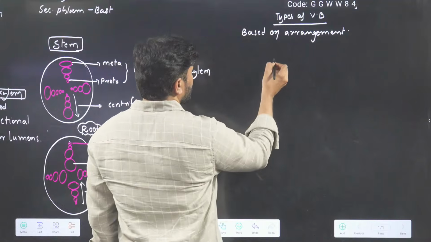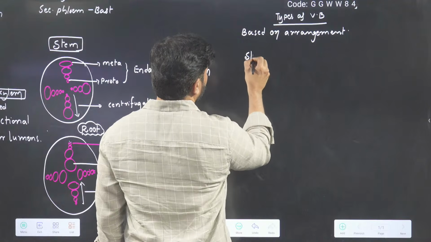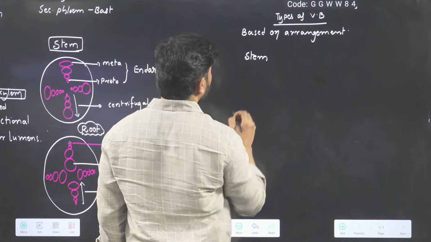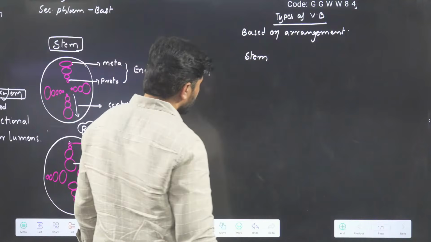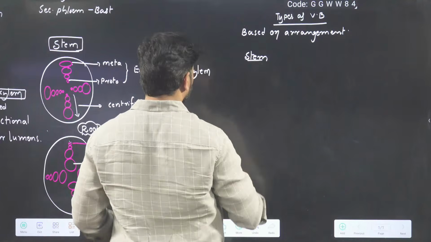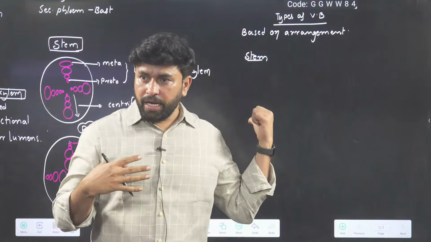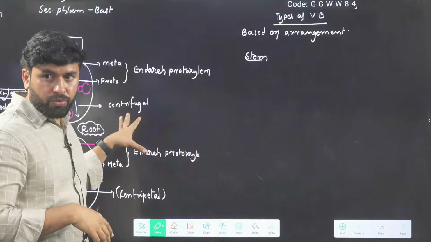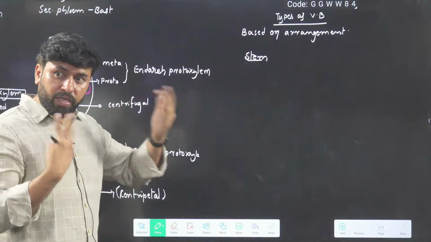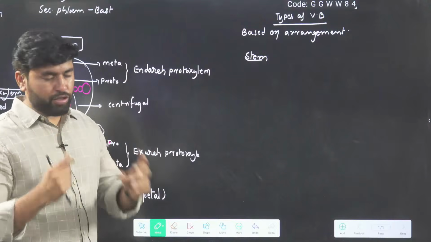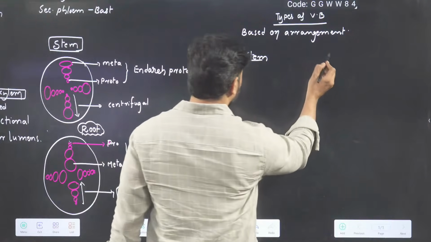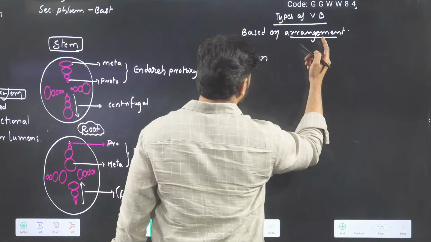I am taking a stem, for example a dicotyledonous stem. In the stem, the matured one, this is proto. Here I have discussed how they will mature. Now I am talking about the arrangement after maturation: types of vascular bundles based on the arrangement of xylem and phloem.